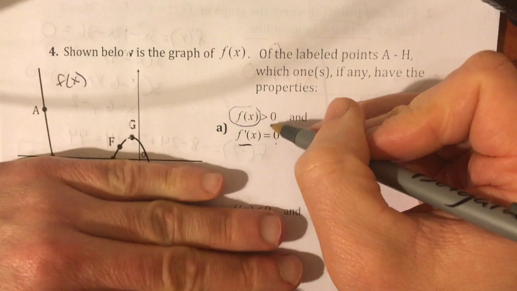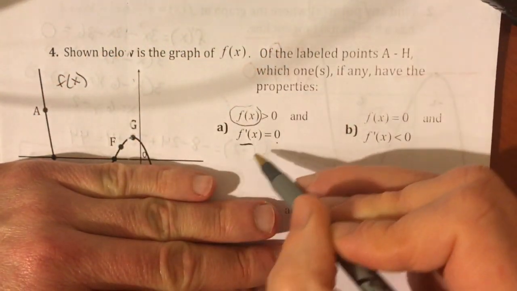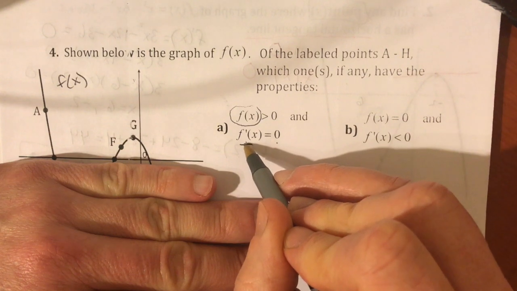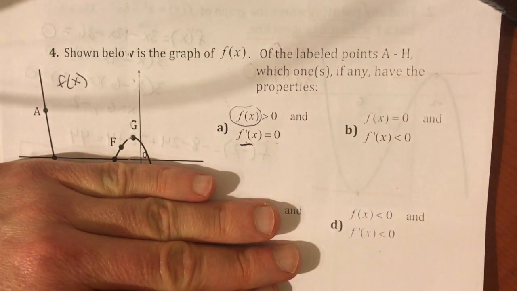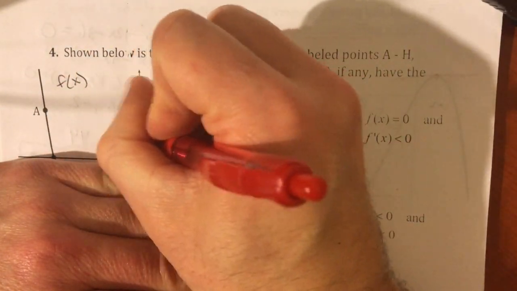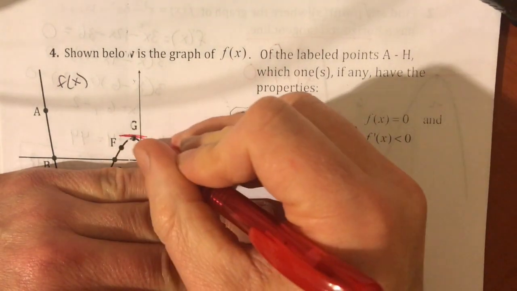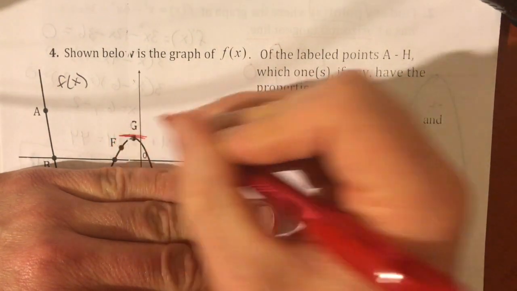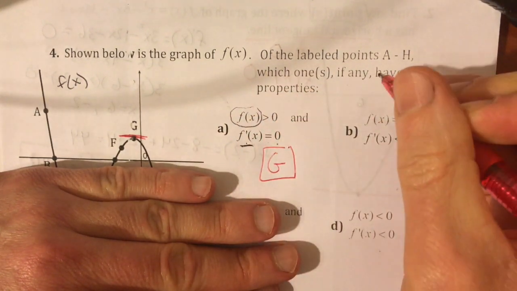So I've got a bunch of points that are above the x-axis here, A, F, G. Are there any where the slope, where f prime equals 0? So picture those tangent lines, and hopefully you land on that point pretty fast. A slope of 0 means it's got to be flat at that one split second. And so that would be point G, where both of those things are true.